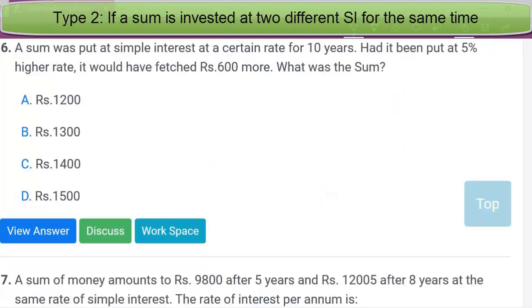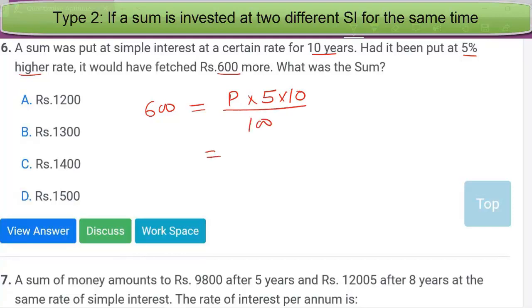So let's take one more question of the same type. In this question it is given a sum was put at simple interest at a certain rate for 10 years. Had it been put at 5% higher rate, it would have fetched rupees 600 more. So the similar situation is there, so you can directly write this 600 more you are getting because of the principal P multiplied by 5% higher rate for 10 years divided by 100.